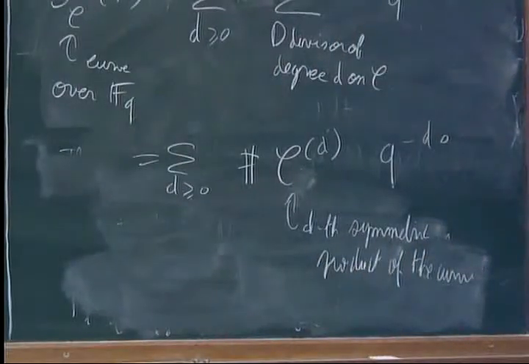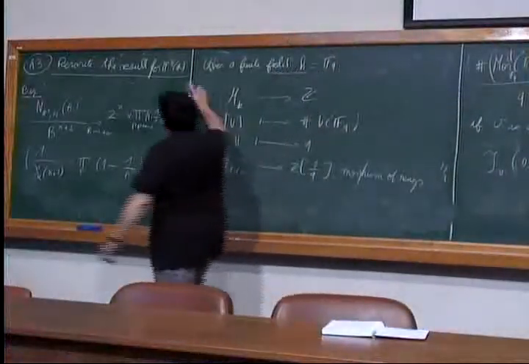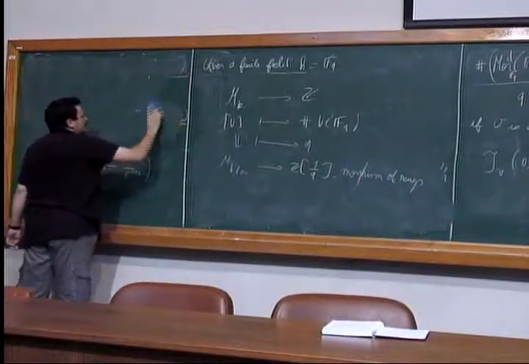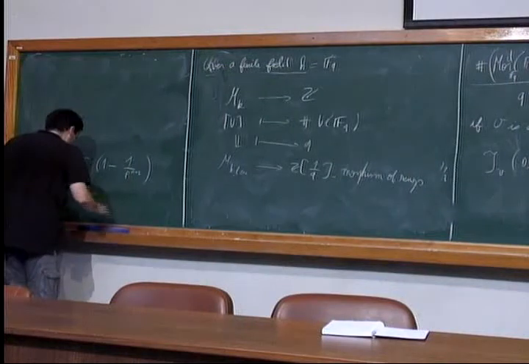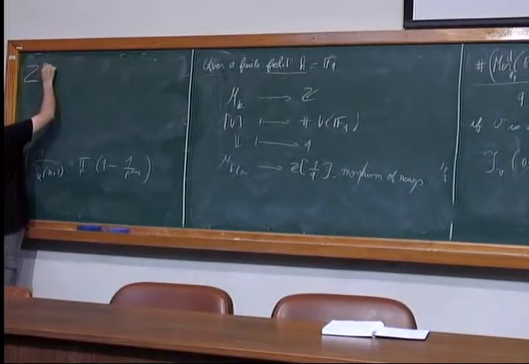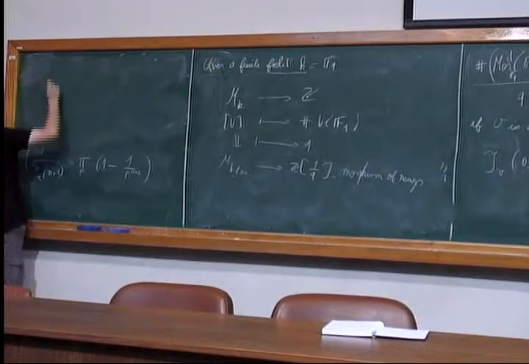So finally, I can define, let's say, a motivic zeta function. So let me write it correctly.